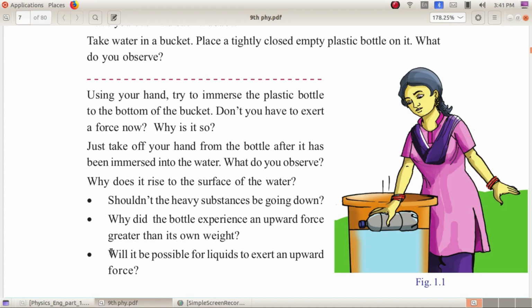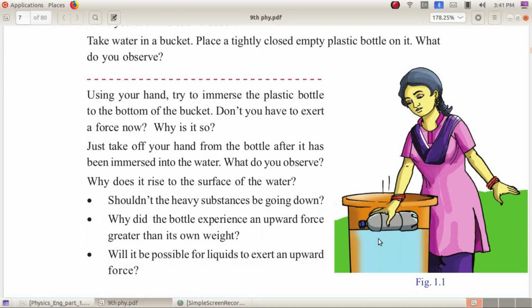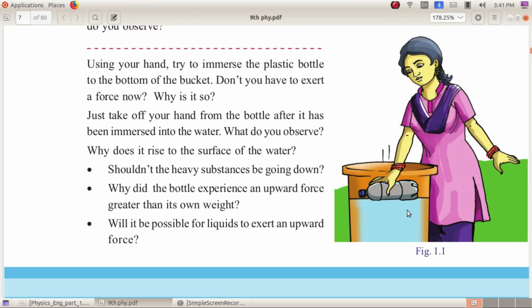Will it be possible for liquids to exert an upward force? Then who exerted the upward force on the bottle? Here is the liquid in the bucket. Therefore, the only possibility is that the water contained in the bucket exerts an upward force on this bottle, which is greater than its weight.